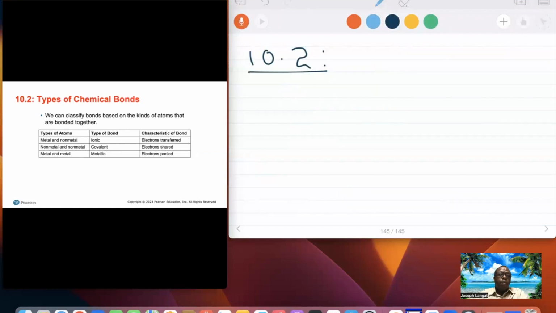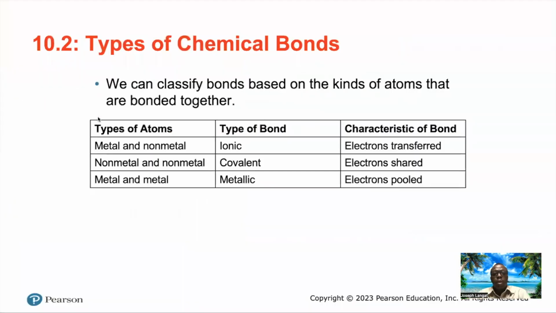Cruising to 10.2, this is a section on the types of chemical bonds you need to commit to your memory. There are 3 types of bonds, which I know we talked about in the previous chapter. There is the ionic bond, which is formed between a metal and a non-metal.